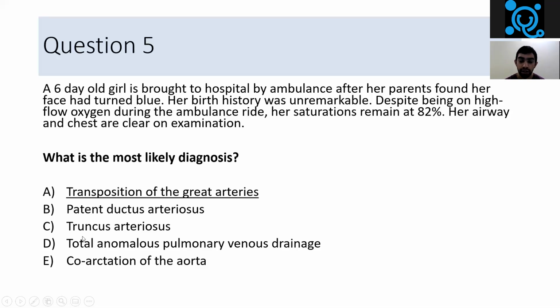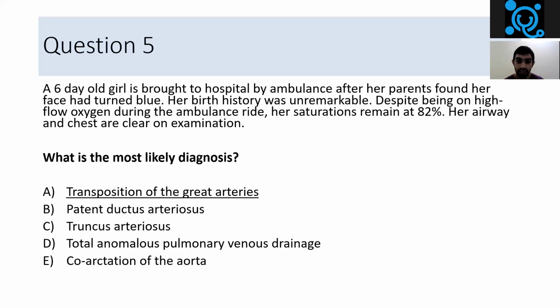The truncus arteriosus, the best way to think about this is that it is a single channel that takes blood from both the left ventricle and the right ventricle. So for those that are interested in embryological development, what happens is you actually have this single vessel, the truncus arteriosus, and it tends to then septate along the middle and spiral, and that's what then forms your aorta and your pulmonary trunk.